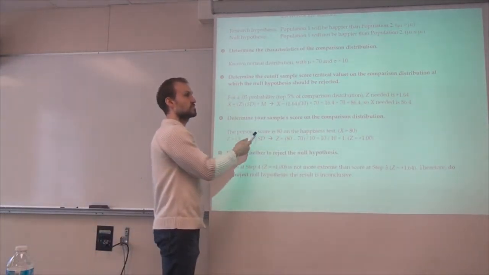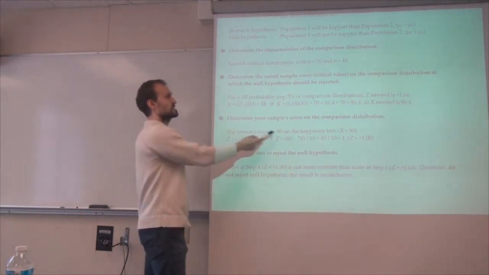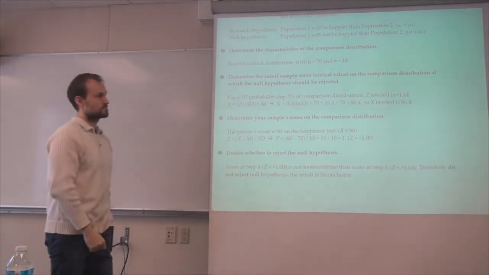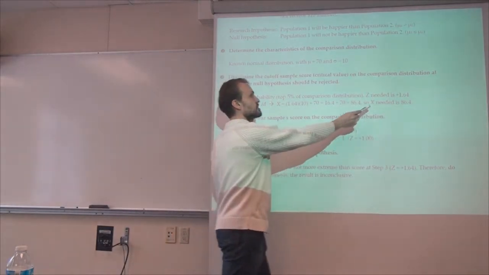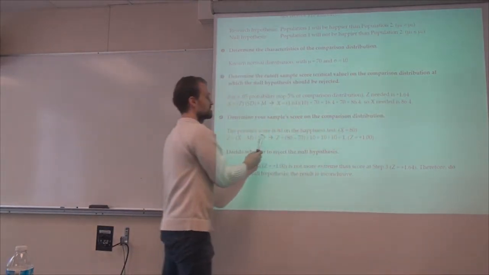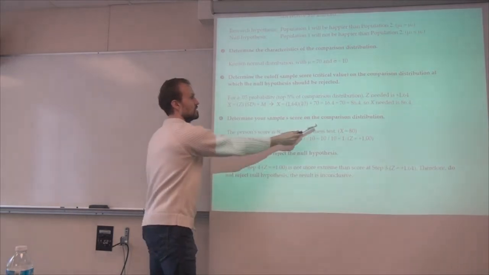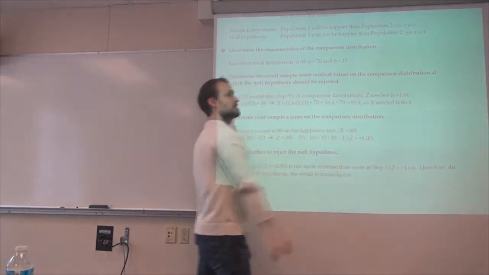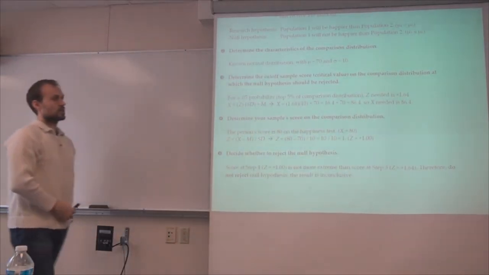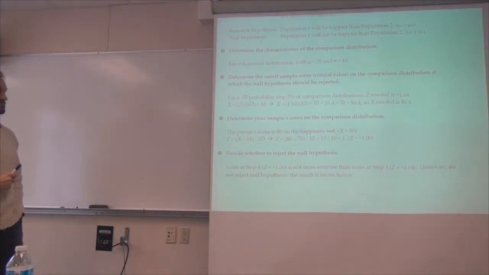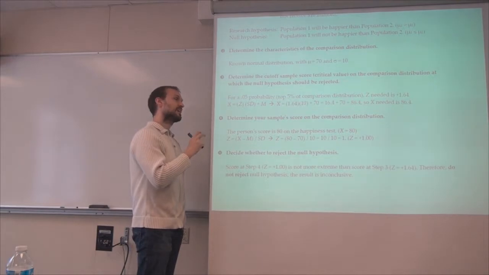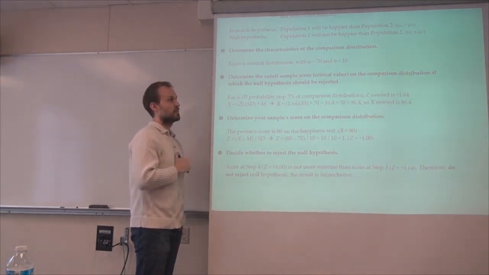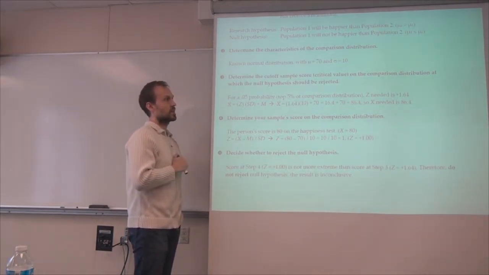Now this person in the sample only has a happiness score of 80. So the Z score is less than 1.64. The happiness score, 80, is less than 86.4. So now I have to decide, is that enough? Is that evidence strong enough to reject the null hypothesis?